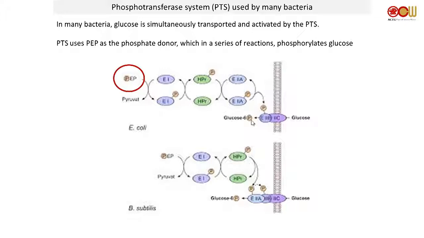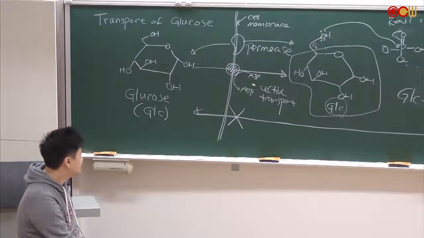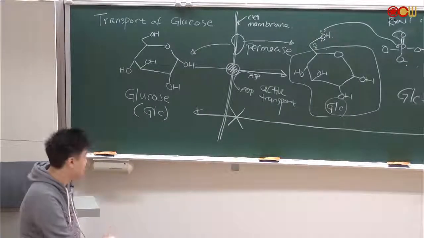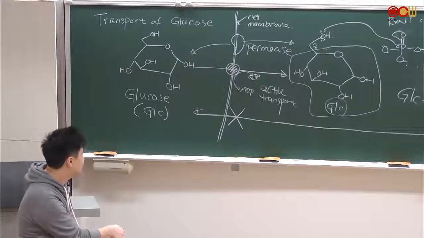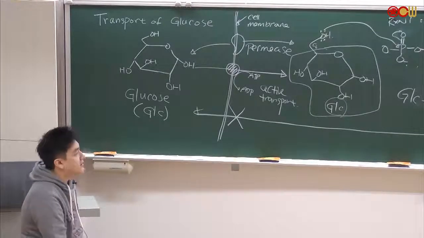Obviously, you should recognize that PEP has a higher energy than ATP. Also, in the mechanism I described for converting glucose to glucose 6-phosphate, if you use active transport, you consume a total of 2 ATP, because you use 1 ATP here and 1 ATP here.